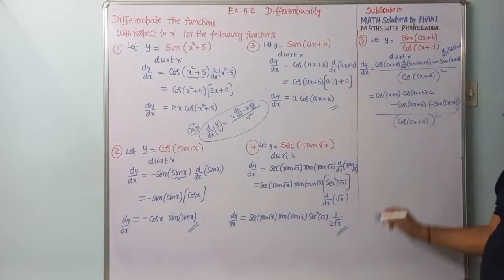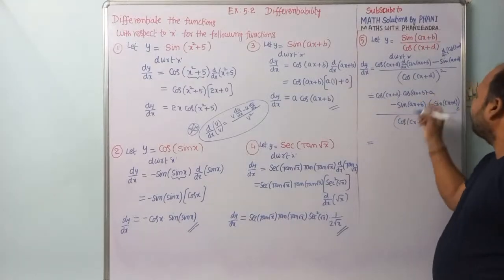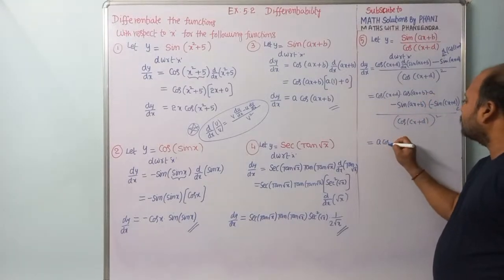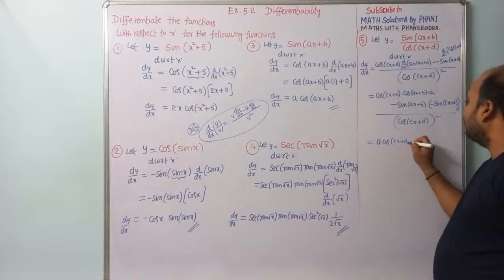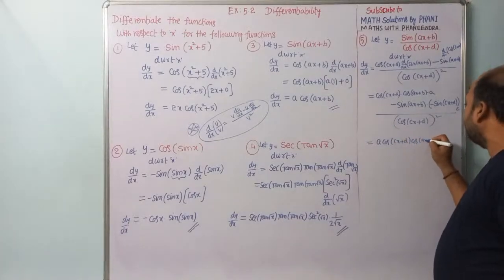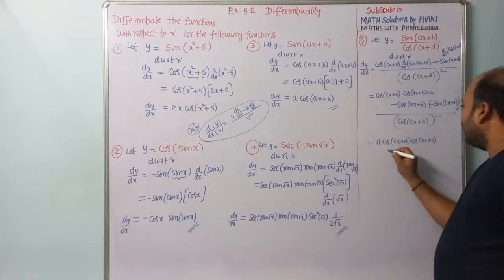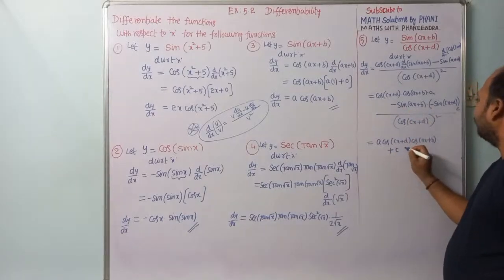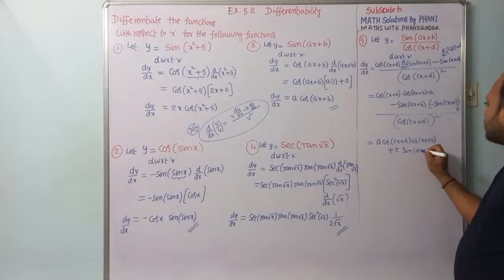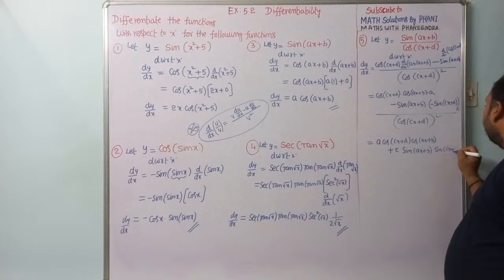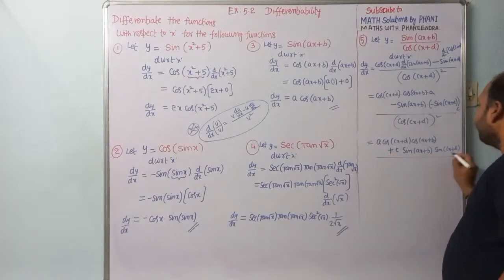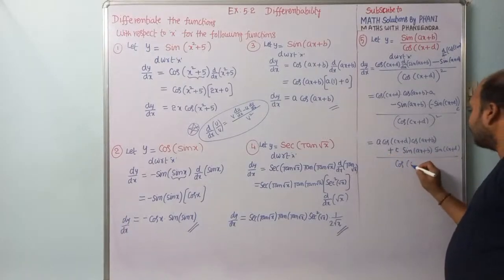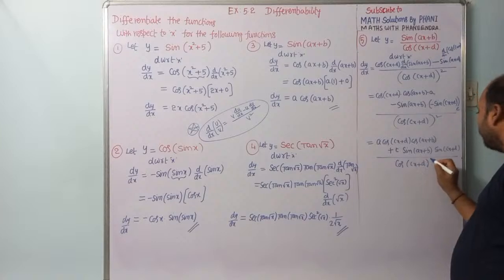We need to simplify more, which is equal to a into cos of (cx plus d) into cos of (ax plus b), minus into minus is plus, c into sin of (ax plus b) into sin of (cx plus d), divided by cos of (cx plus d) whole square.